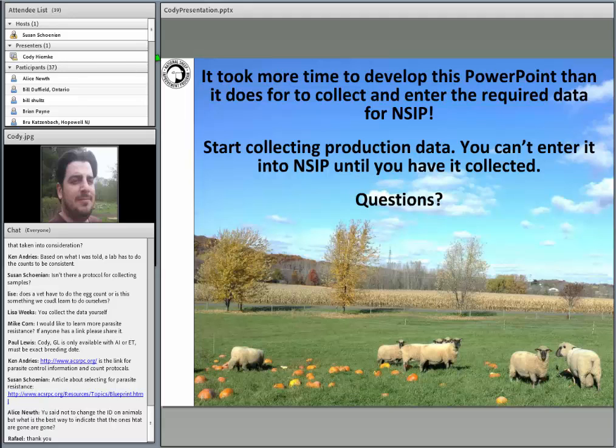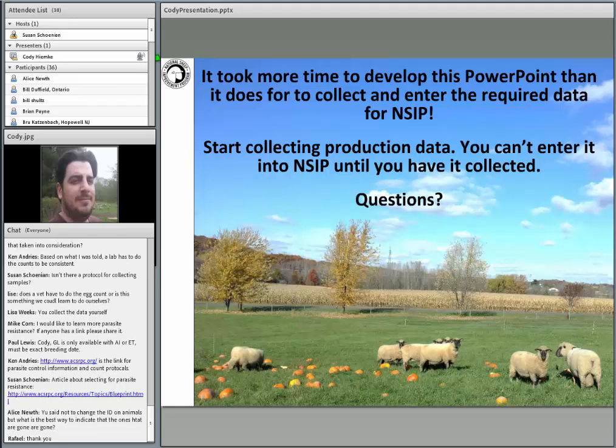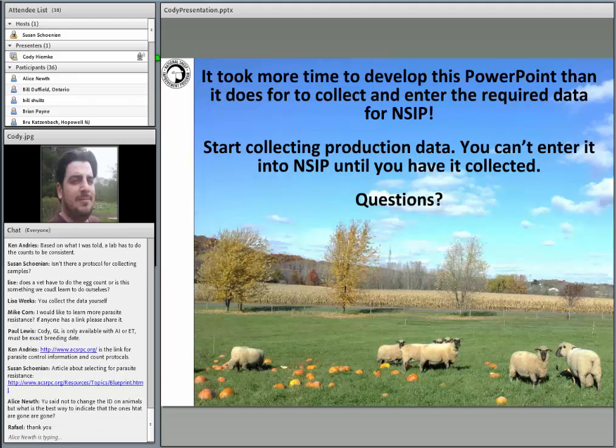This is the last slide. You definitely don't change the ID for animals that are gone. There's a status you click within Pedigree Master, whether it's a cull animal, sold, dead, or current.